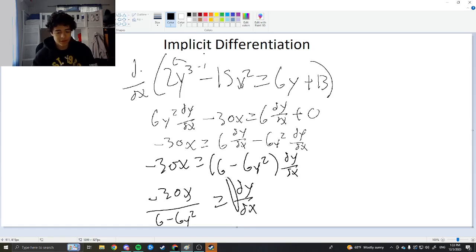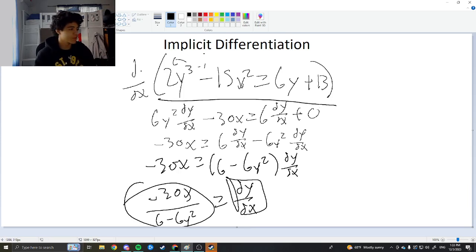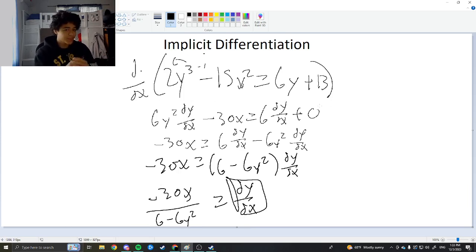And you have your dy dx, you have your derivative by itself. So this is the derivative of this function up here. All you do in implicit differentiation when you're deriving things with x's and y's is put a dy dx anytime you derive a y in respect to x, and then get the dy dx by itself, factor it, and then divide by whatever you factored out.